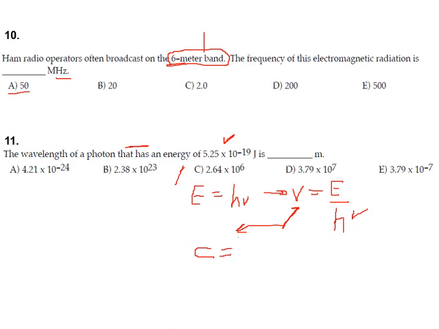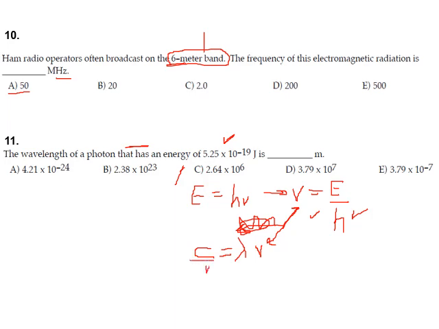c equals lambda nu. And of course we know what c is, right? c is the speed of light. This is pointing in the wrong place, so it should be pointing right there. Okay, so we know nu now because we figured it out up here in part 1. And we know what c is, so we can just divide both sides of this equation by nu.